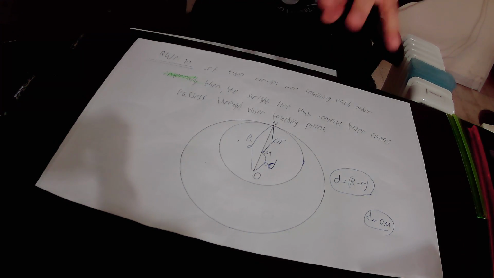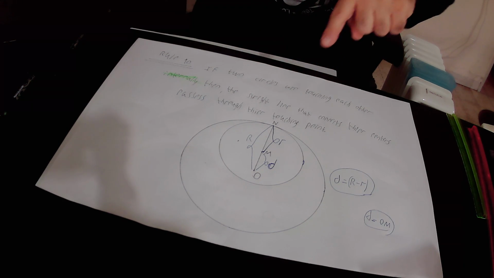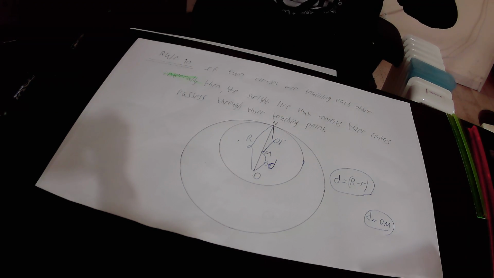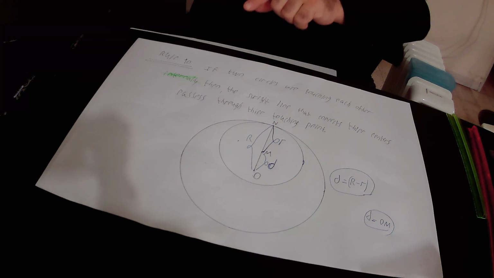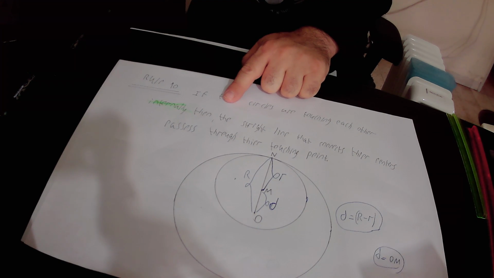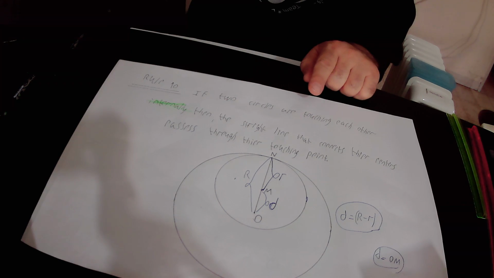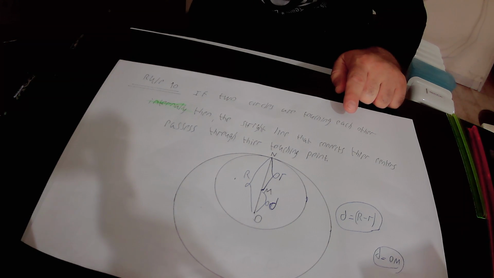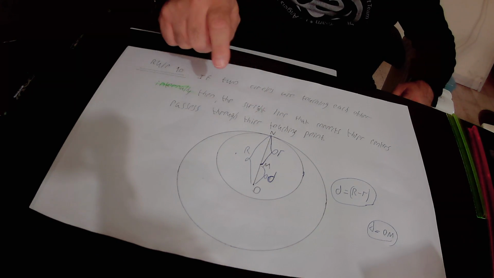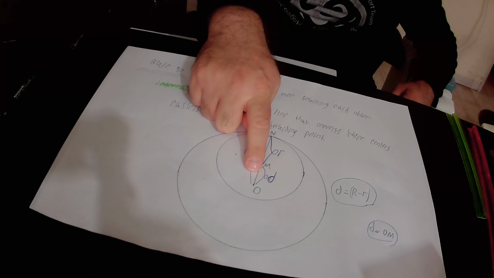So here we have two circles that have an internal touch between them at point N. That is to say, they are touching each other internally at point N. Then according to rule number 10, the straight line that connects their centers together, here, point O is the center of the biggest circle.